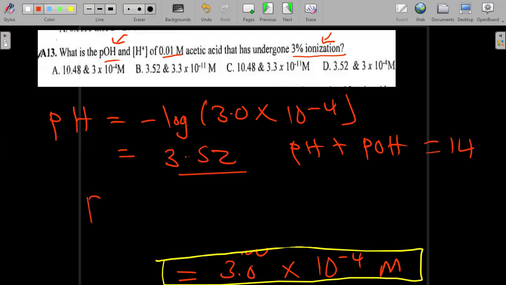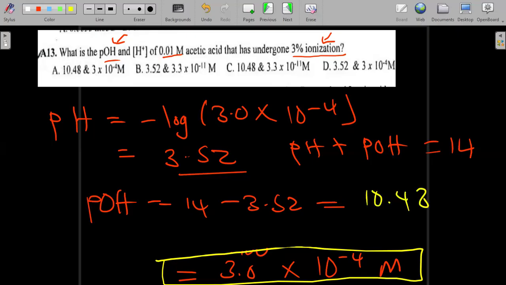So my pOH will be 14 minus the pH, which is 3.52. When I subtract, I'm getting 10.48 as my pOH. So this here is my pOH. Any questions there?